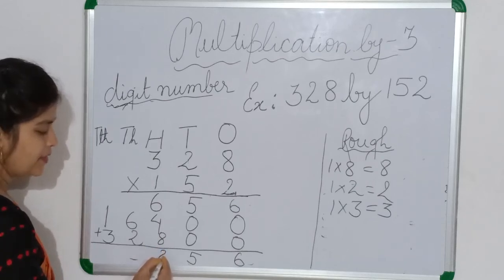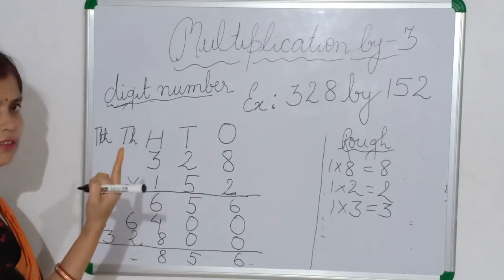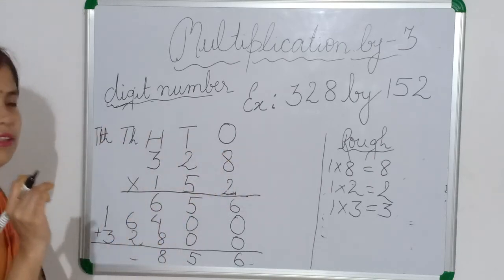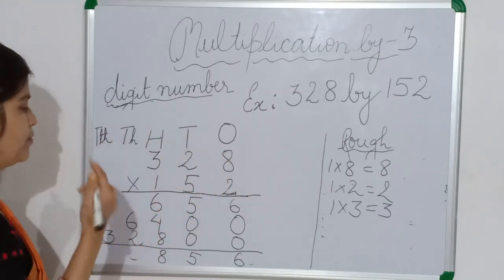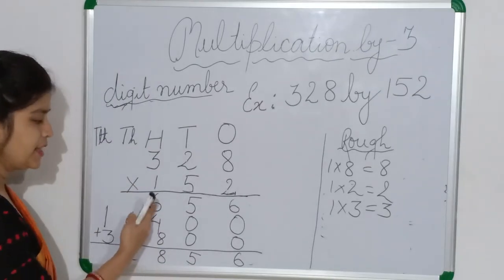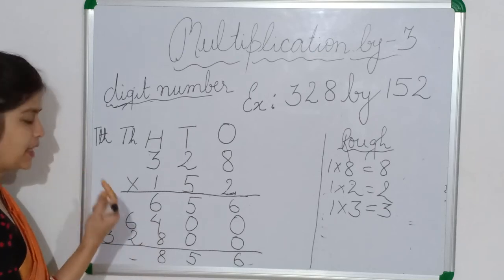Here again 8 I will write and 1 I have to carry over here. Okay, on the finger also you can carry, or you can write somewhere in a copy, on a rough side, to remember what I have carried. So here 1 I have to carry, because 6 plus 4 plus 8 will be 18.